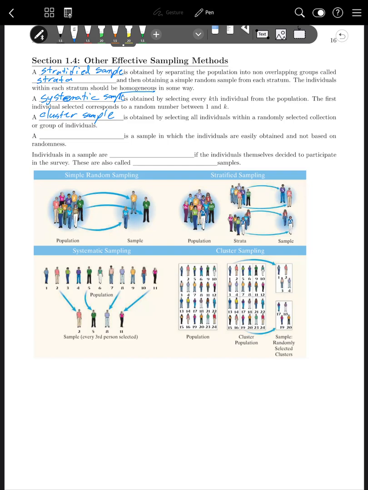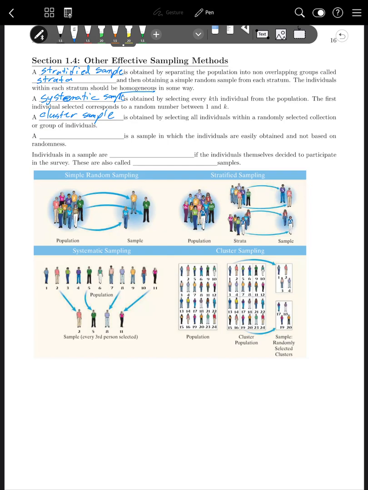The most common use of this is something like at the college, where we do a couple of different surveys. One is a class climate survey, and one is a campus climate survey. In both those cases, they sample whole random classes. They randomly select classes, and then they sample the students in those classes.